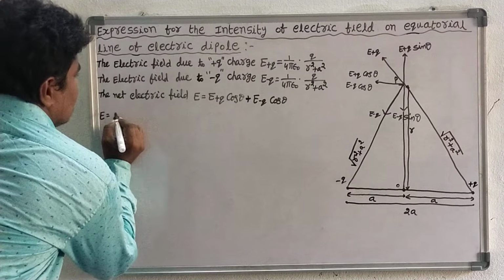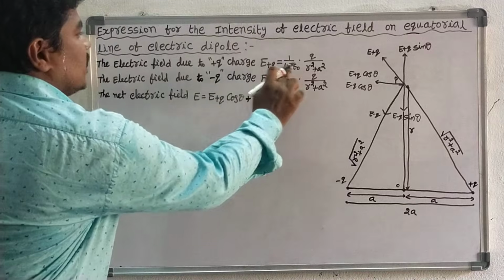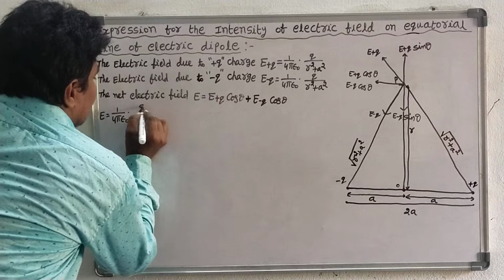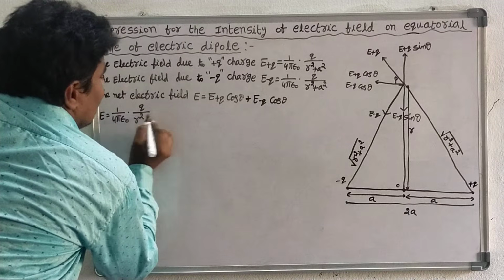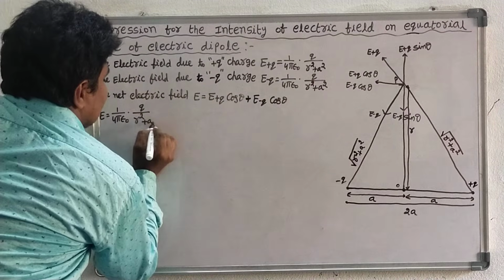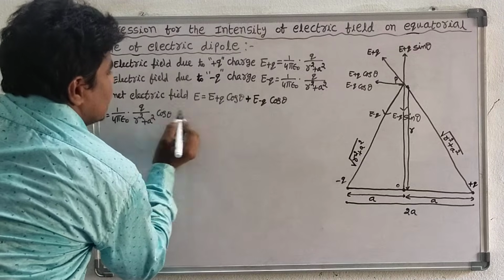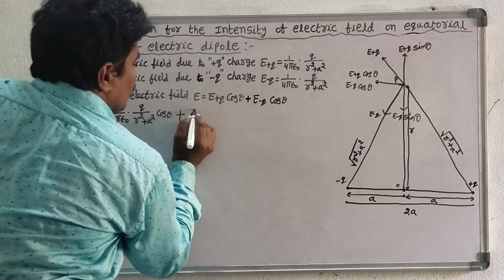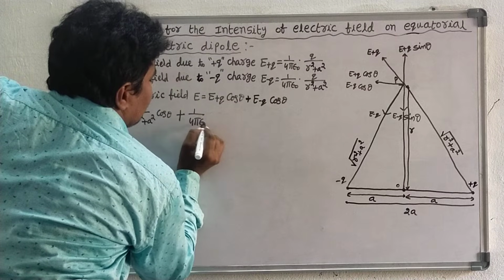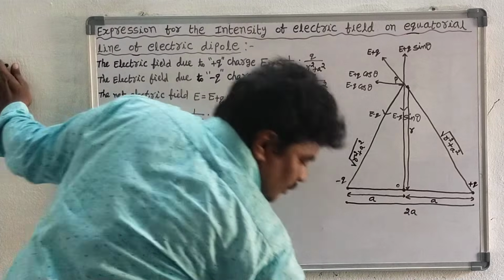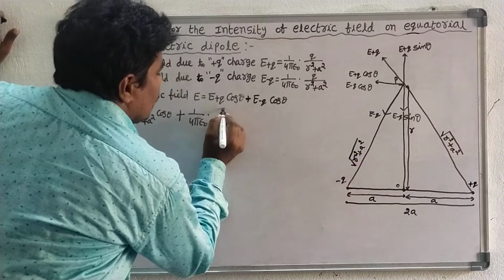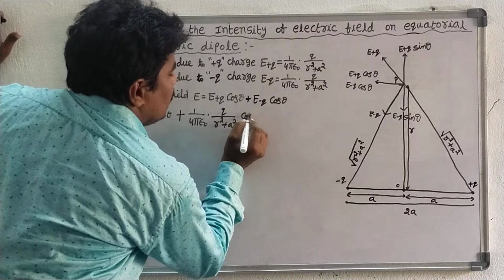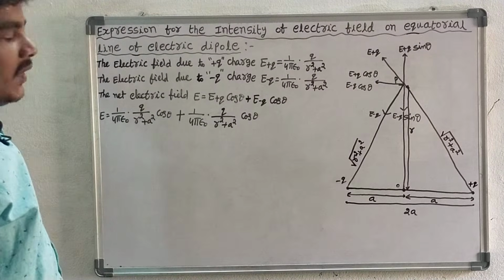So E is equal to, what is the value of E plus Q? 1 by 4 pi epsilon naught into Q by r square plus a square cos theta, plus E minus Q, 1 by 4 pi epsilon naught into Q by r square plus a square into cos theta.